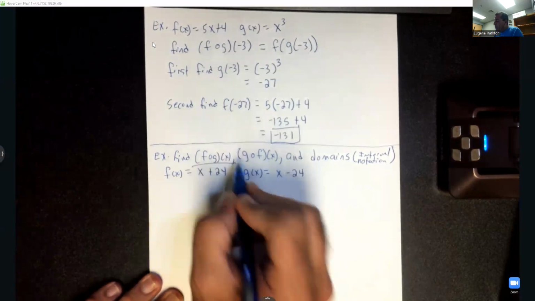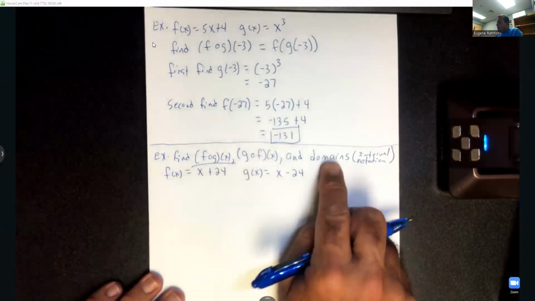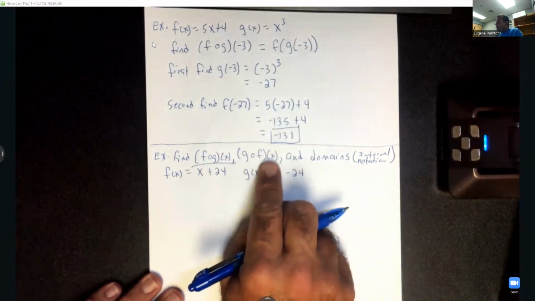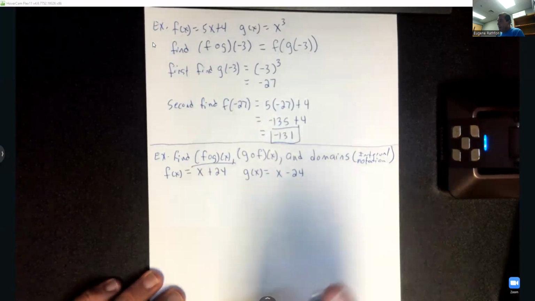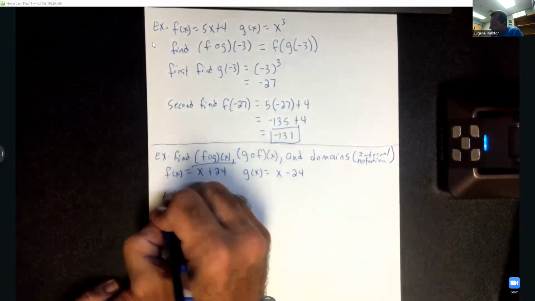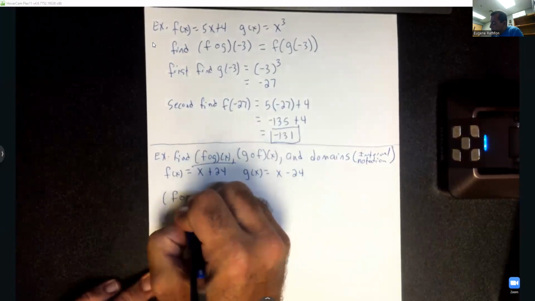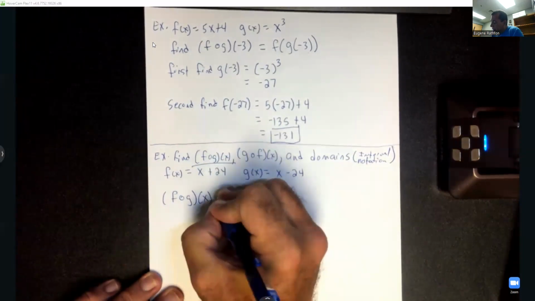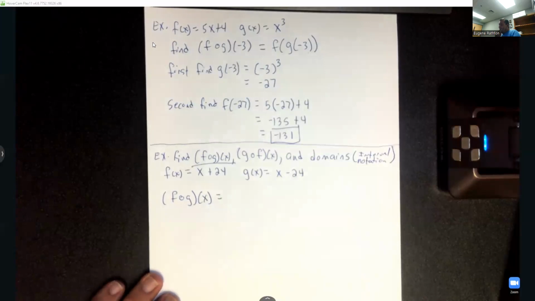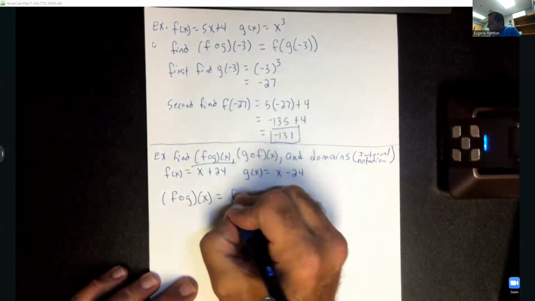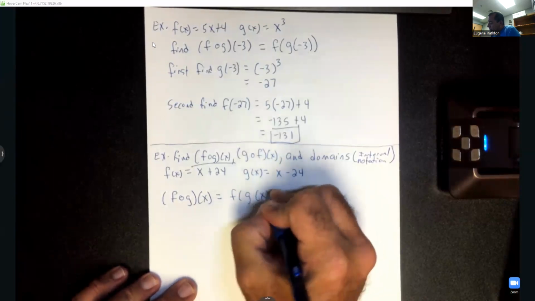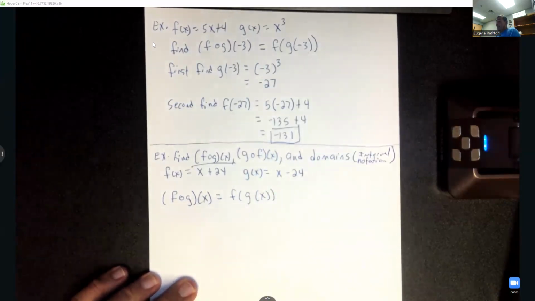So first I'm going to do the F of G of X and its domain. Then I'll do the G of F of X and its domain. So first I'm going to find F compose G of X. So y'all check this out. Remember, this is like F of G of X, okay?